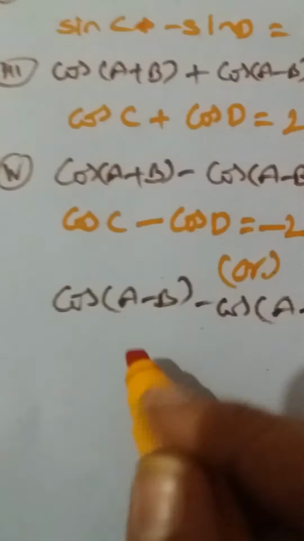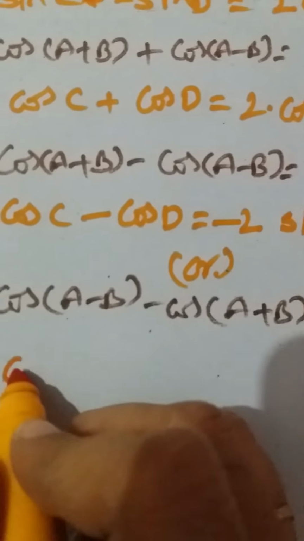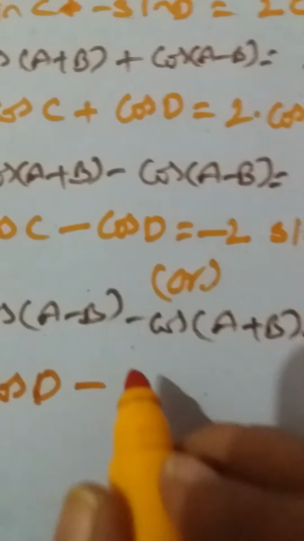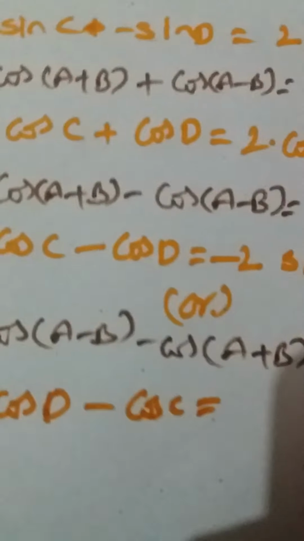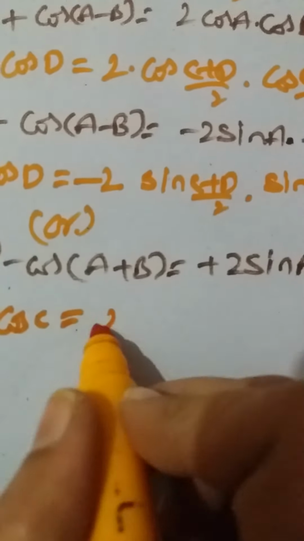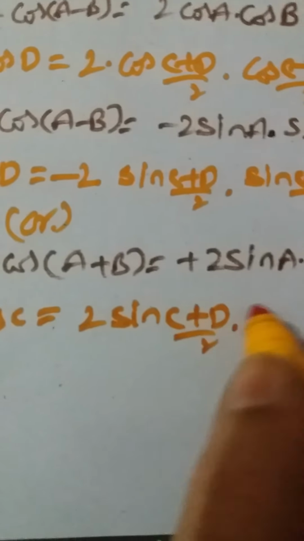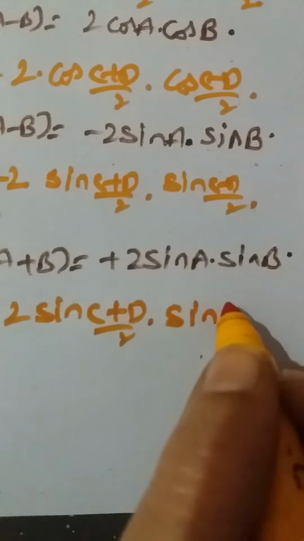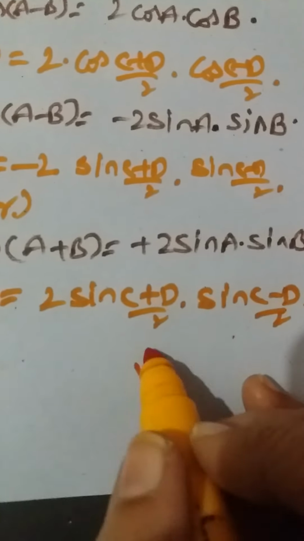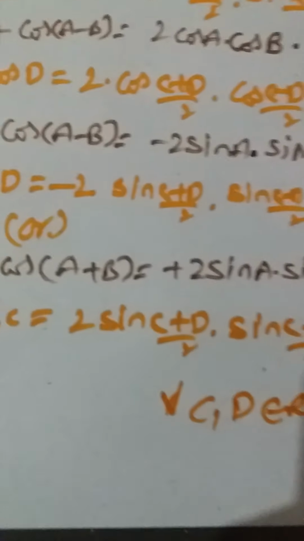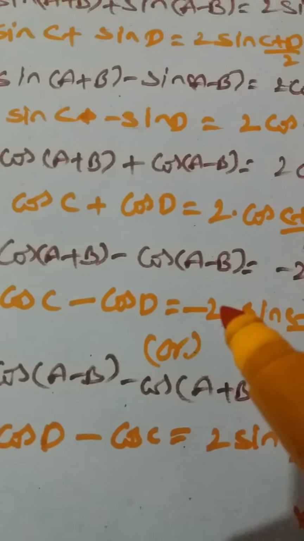Now we can write this as cos d minus cos c, since a-b is d and a+b is c, equals 2 sin((c+d)/2) sin((c-d)/2). So what are c and d? c and d belong to real numbers.